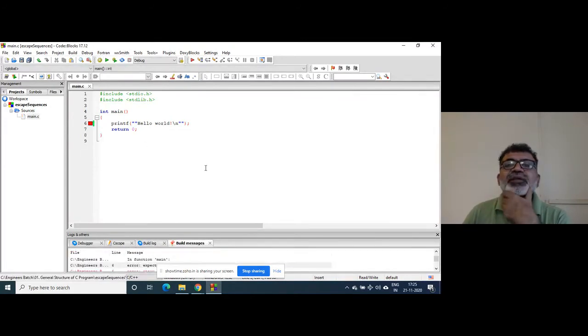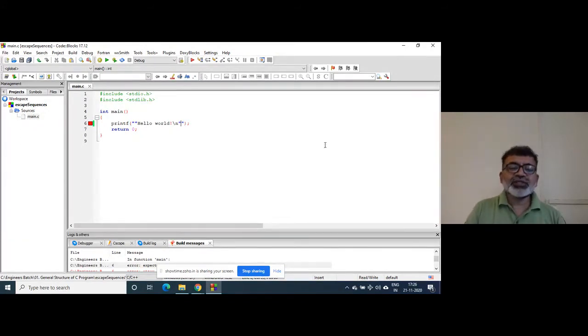It will give an error because the compiler fails to understand what you are trying to do, only because the syntax of a string is you have to put it in double quote. So the compiler feels that this string is over. So what is to be done along with the printf statement?